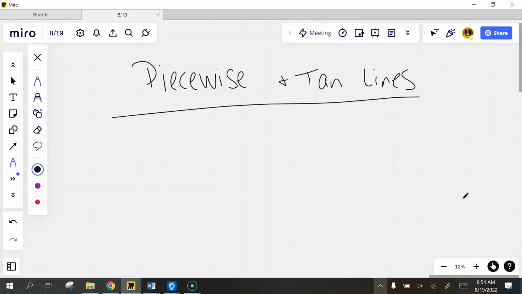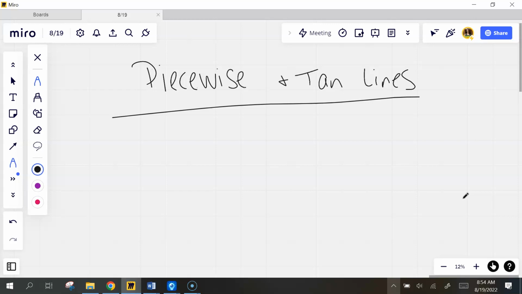So here's what has to happen in order to have a point of tangency for a piecewise function. Now, this doesn't mean that it has a tan line. It just means that there's a possibility of it having a tan line. And we're going to talk about all those reasons why it may not.